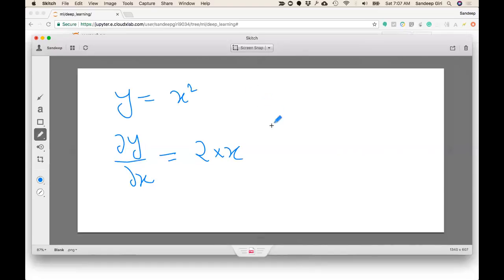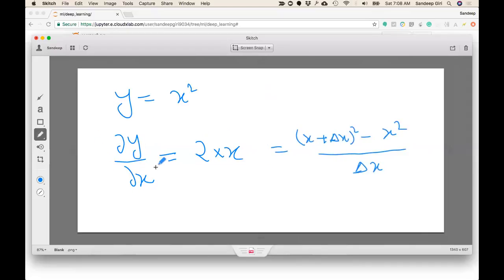The derivation is very simple. This is equal to (x plus delta x) square minus x square, divided by delta x. So basically, what does it mean?